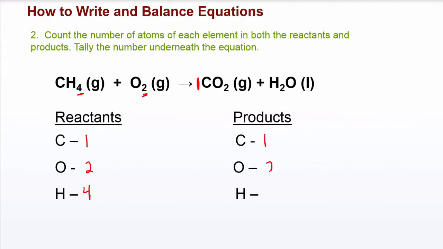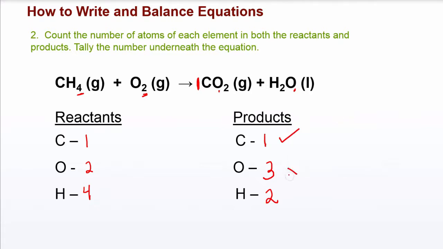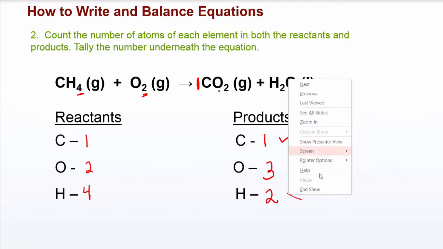We've got 3 oxygens because we've got 2 here and 1 here. And then we've got 2 hydrogens. So you can see that our carbons are balanced, they match, but our oxygens are not. We've got 2 on the reactants and 3 on the products. So that's not balanced. Also, the hydrogens are not balanced. We've got 4 on one side, 2 on the other, so those are not balanced.